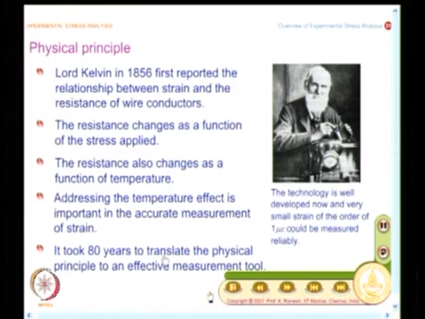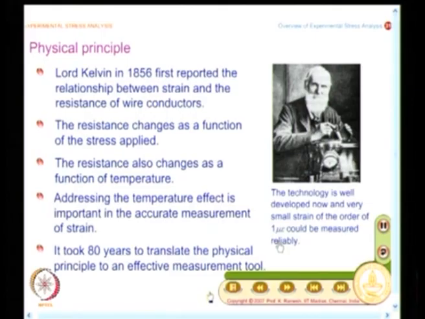And what you have now is that the technology is very well developed, and you can measure 1 micro strain reliably now, a very precise technique. And mind you, 1 micro strain is 1 into 10 power minus 6, a very small quantity. That is another reason why the technology took so much time.